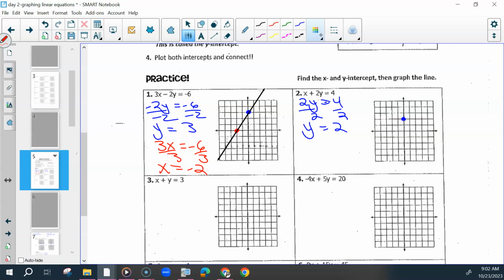And then do the same thing for x. When we cover up the y term, x equals 4 was left. There is no work to do. So you just plot the point at x equals 4. Put a line through those two and graph it.